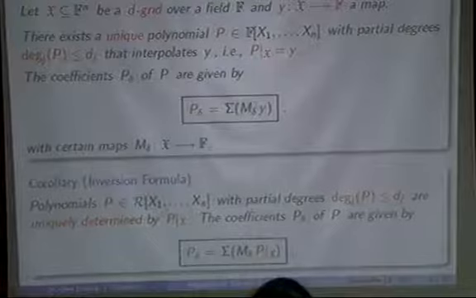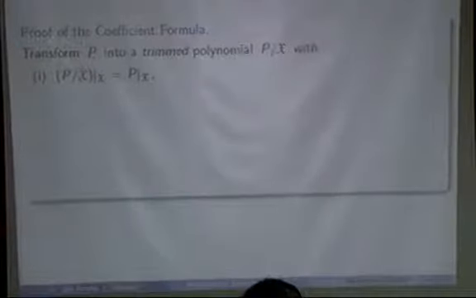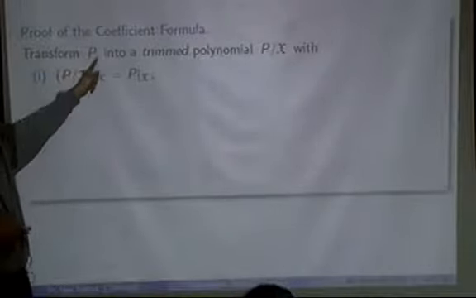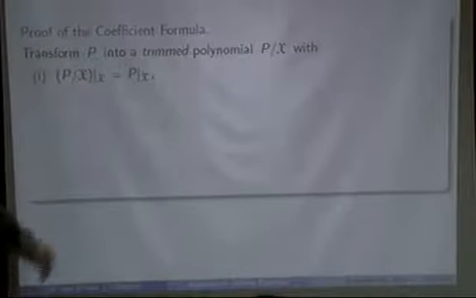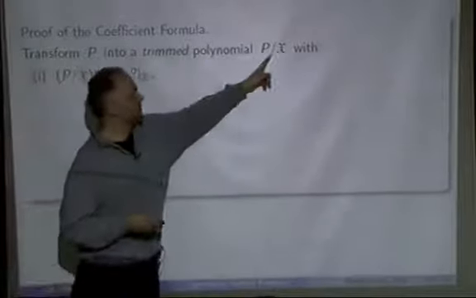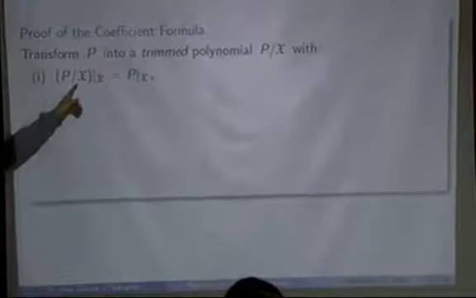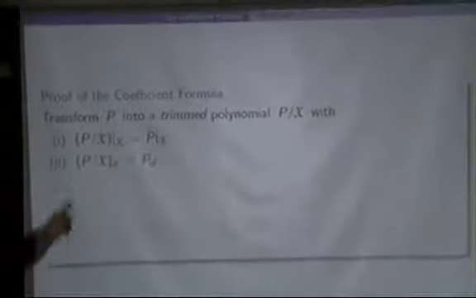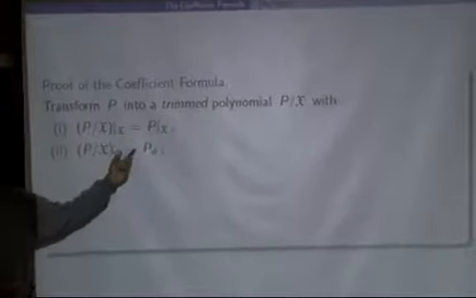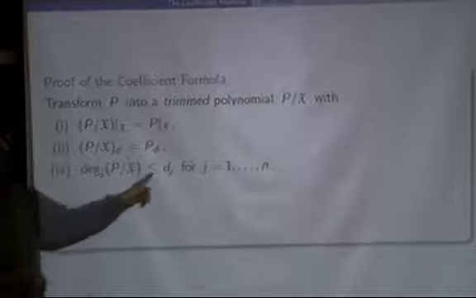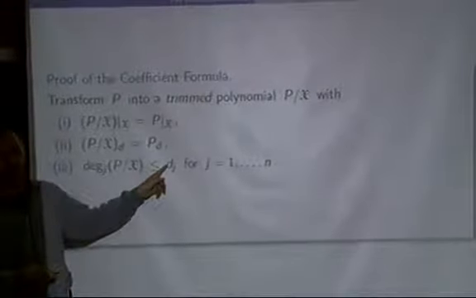Okay, now how to prove the coefficient formula? At first we somehow modify our polynomial that has restricted total degree. And then we get something that I call a trimmed polynomial, P mod x here. And it describes the same polynomial map. It has the same leading coefficient, as I call it. And this trimmed polynomial has restricted partial degrees.